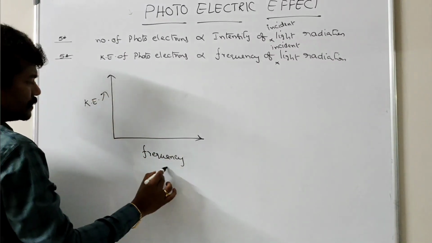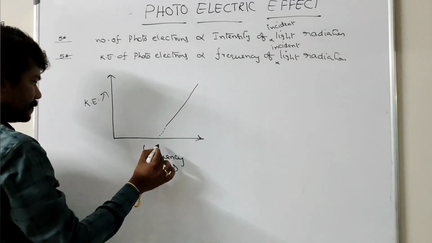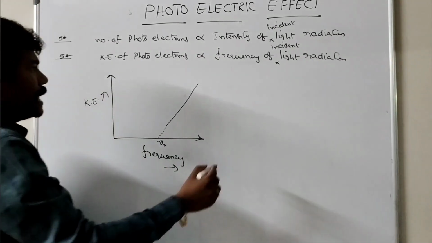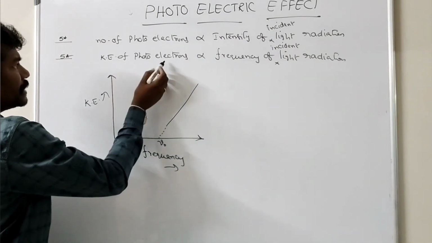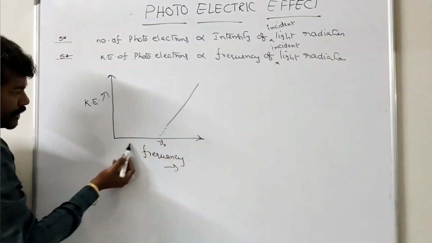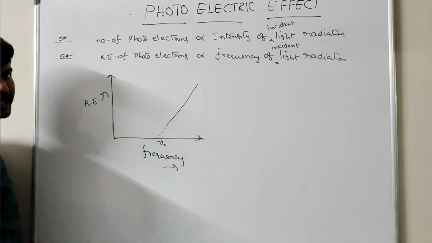This is kinetic energy and this is frequency. This is nu naught. If the frequency increases, the kinetic energy of the photoelectrons also increases.